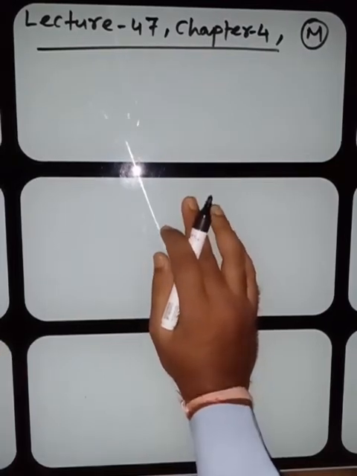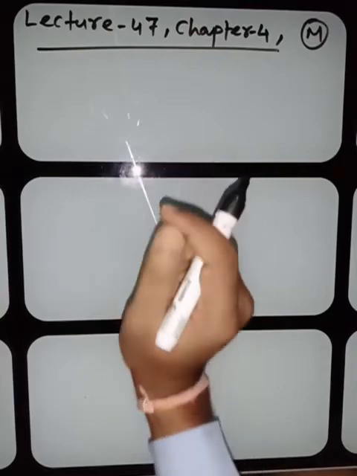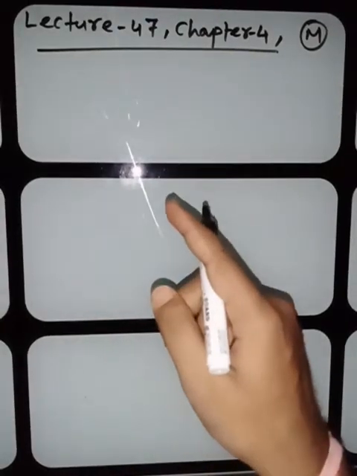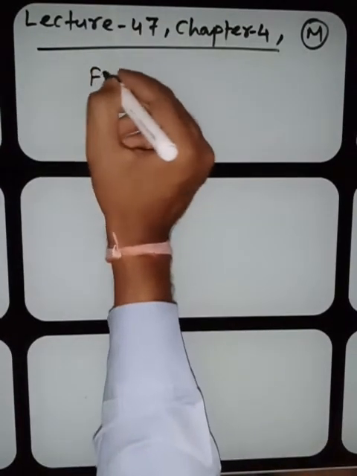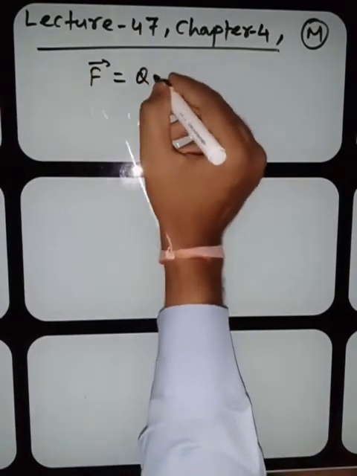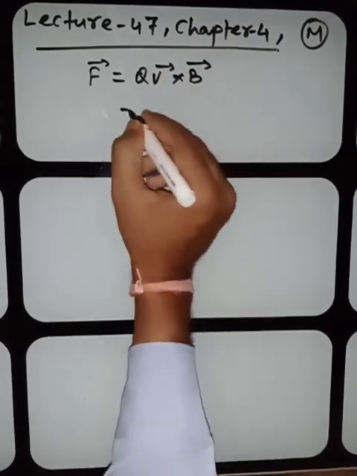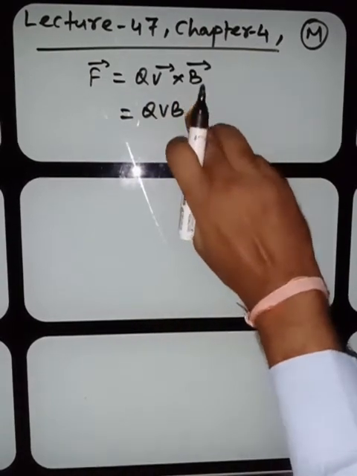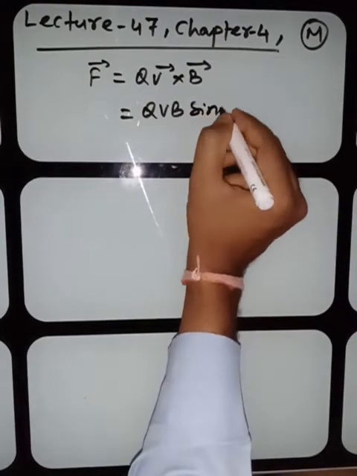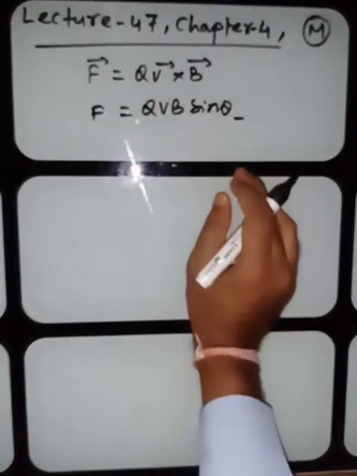Students, till now we have studied the force on a charged particle. If any charged particle is projected with some velocity v inside the magnetic field, it experiences a force F = q v cross B, or in magnitude q v B sin theta.